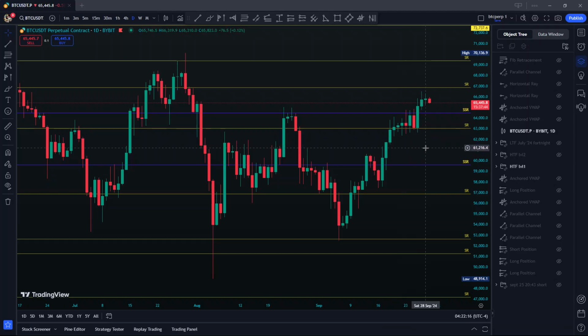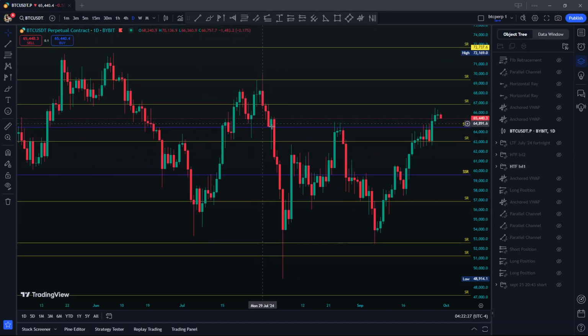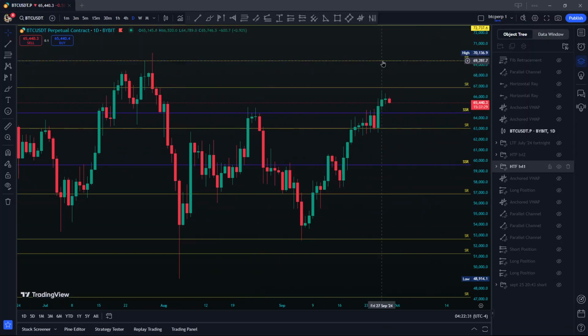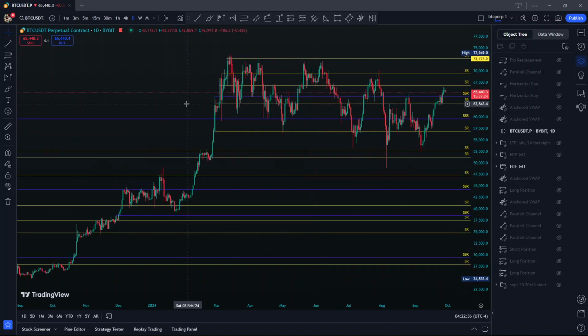So I'm expecting a retest of at least this supply zone. Well, now it's a demand zone, of course, but you get the point. And then we'll first be targeting the 70k, and then of course 72k, and then all-time highs.